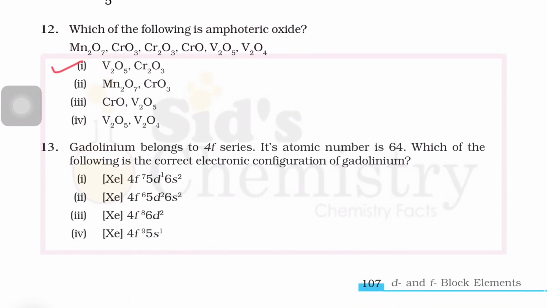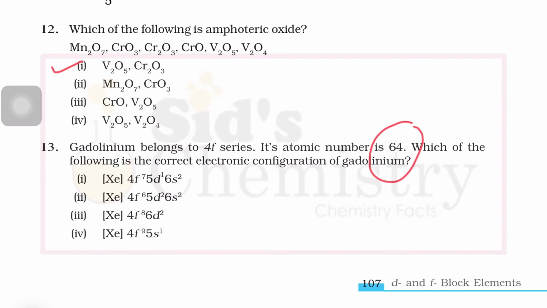Coming to question number 13. Gadolinium belongs to the 4f series. Its atomic number is 64. Which of the following is the correct electronic configuration of gadolinium? In all the options, xenon is the starting point, and after that we have to fill up the electronic configuration for gadolinium. Atomic number 64 means after xenon we have to fill 10 electrons.